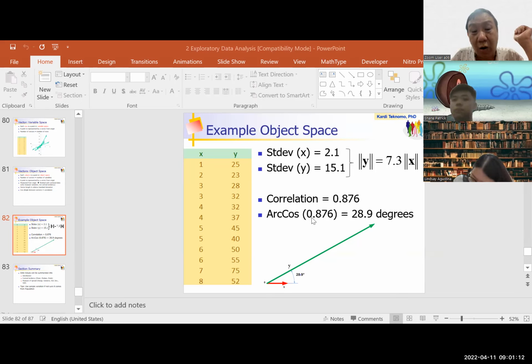Then you calculate the arc cos of 0.876, and you get 28.9 degrees. Then you can change the angle of y relative to x by 28.9 degrees. So these two vectors represent the table of two variables.